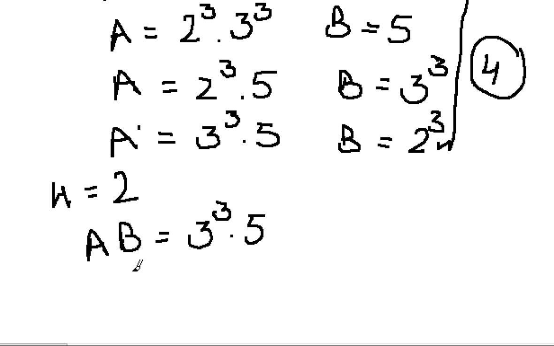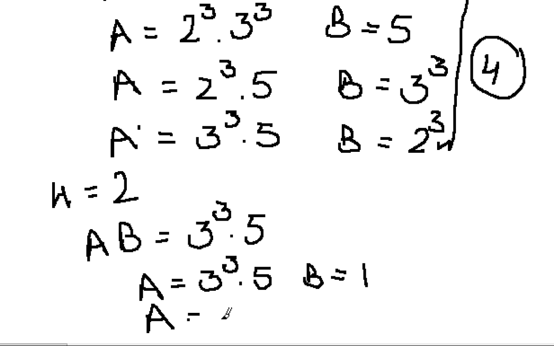Now this can happen if we take a equal to 3 cube into 5 and b equal to 1, or a equal to 3 cube and b equal to 5.